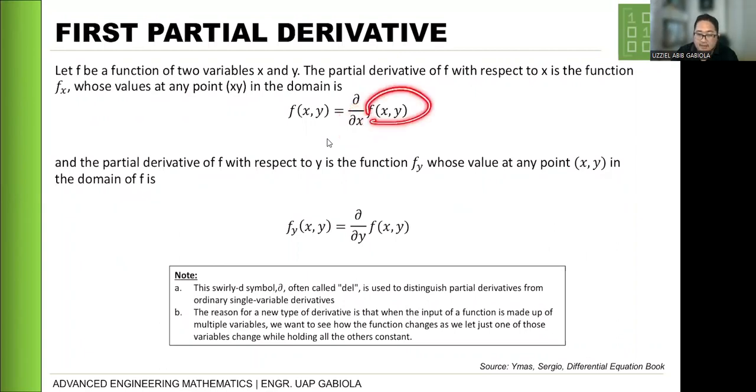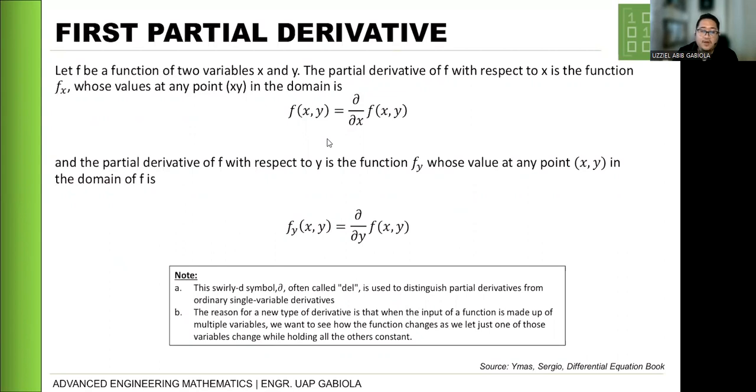And kapag halimbawa ito x tayo, and nakita natin yung variable natin ay y, iti-treat natin constant si y. Ibig sabihin si x lang yung nagmamatter na variable sa atin as pwede natin siyang i-derive. Kung halimbawa si y yung nasa term natin, it will be treated as constant and any constant, yung derivative niya as from our differential calculus, derivative of constant is equal to 0. No?